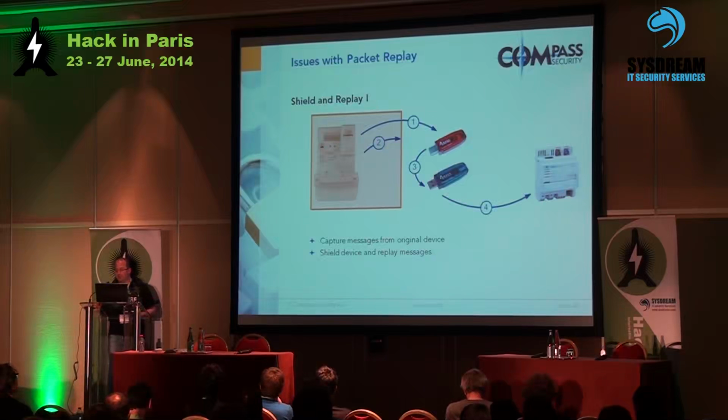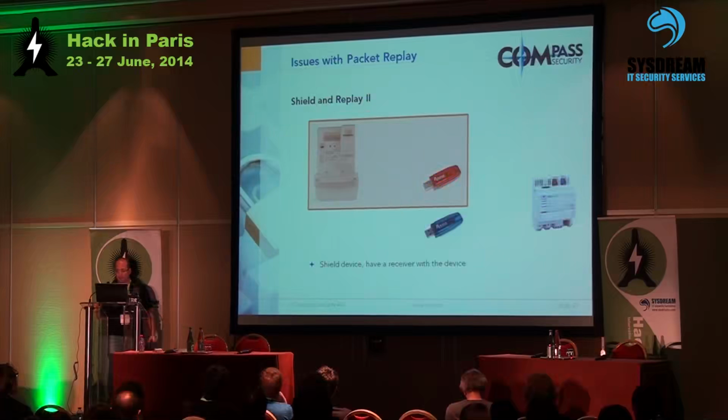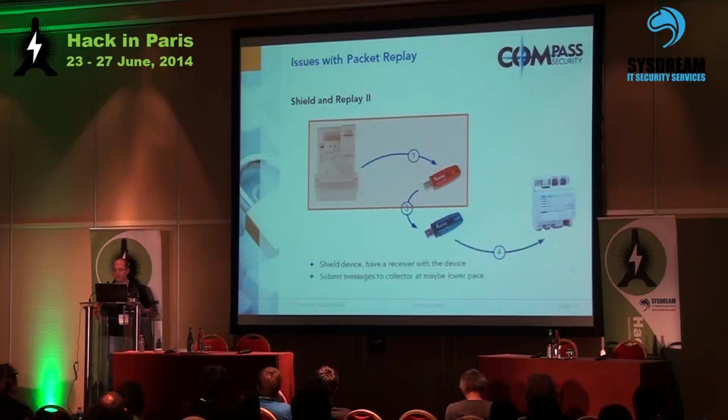But it's kind of difficult because utilities do employ some sort of fraud detection. So if your energy bill just drops, then yeah, you're lost. So what you need to do is capture all the packets in time and just delay them and send them.